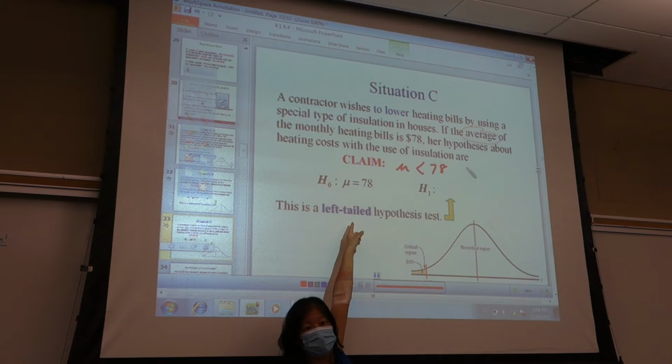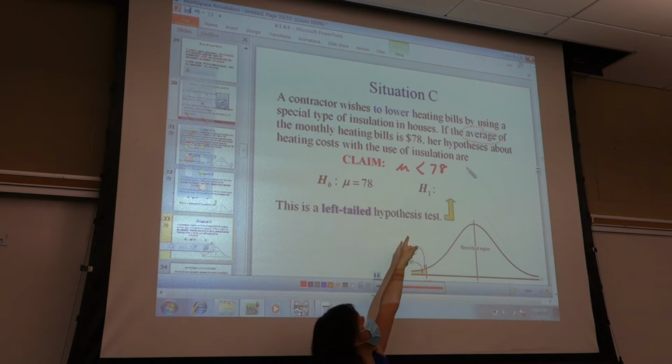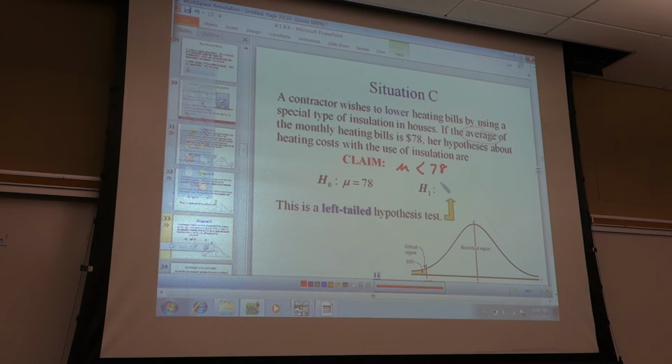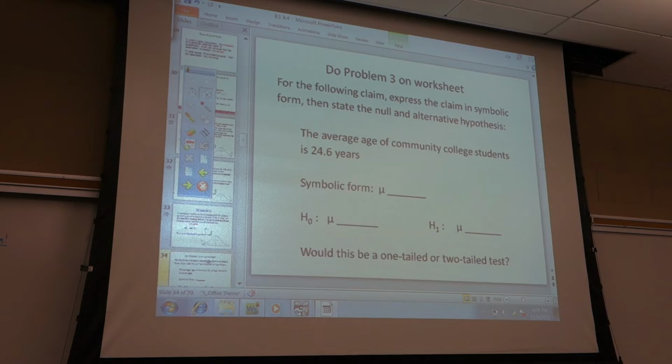My claim does not involve equals, so my claim is not H naught. So H1 has to become my claim. That's left tail. All right, everybody do problem number 3 on the worksheet.